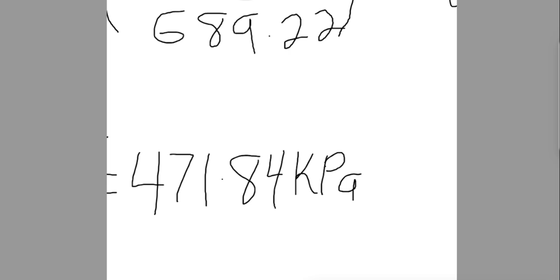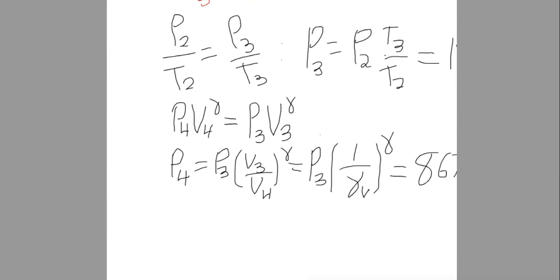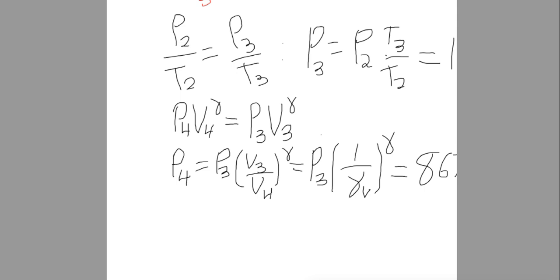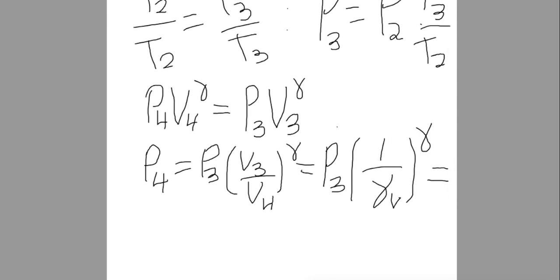And so now we have gotten our value for P4. We can continue to get our value for T4, that is our fourth temperature. We are going to use that same formula, which is VT is equal to constant, whereby V is raised to power gamma minus 1.